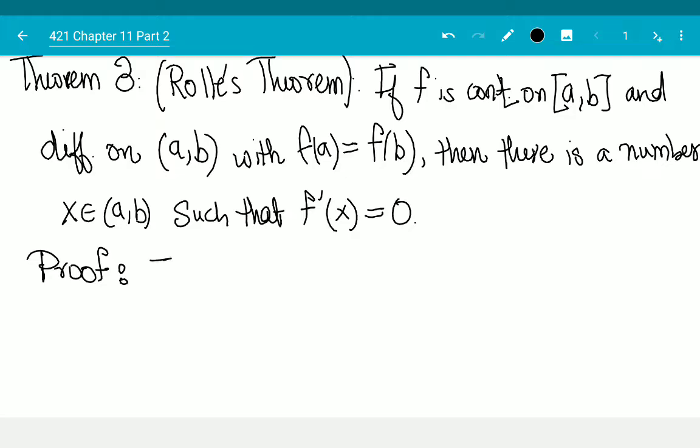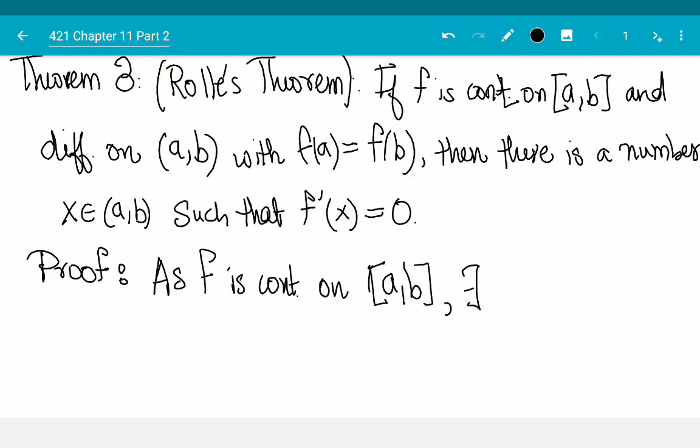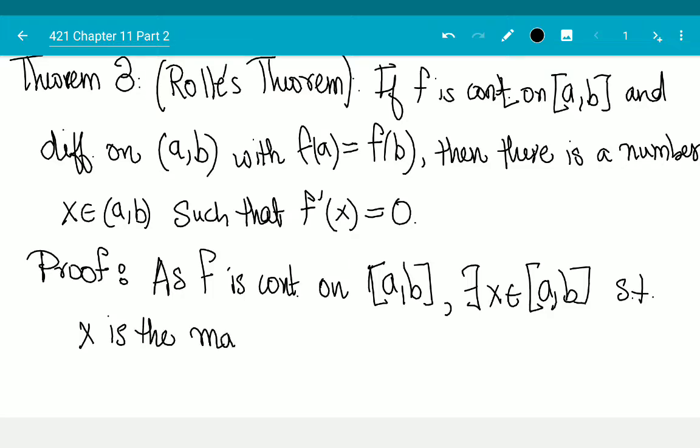As f is continuous on [a, b], there exists x in [a, b] such that x is the maximum, right?